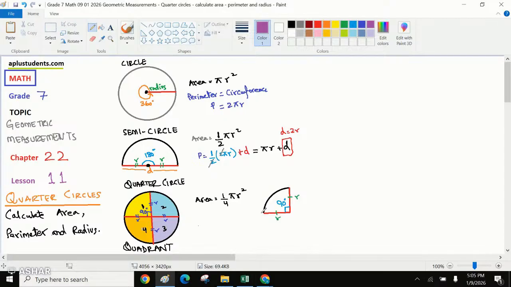So if I say AB, the length of AB should be equal to 1/4 of the circumference. That means the length of AB should come out to be 1/4 into 2 pi r, which can be simplified to pi r upon 2.